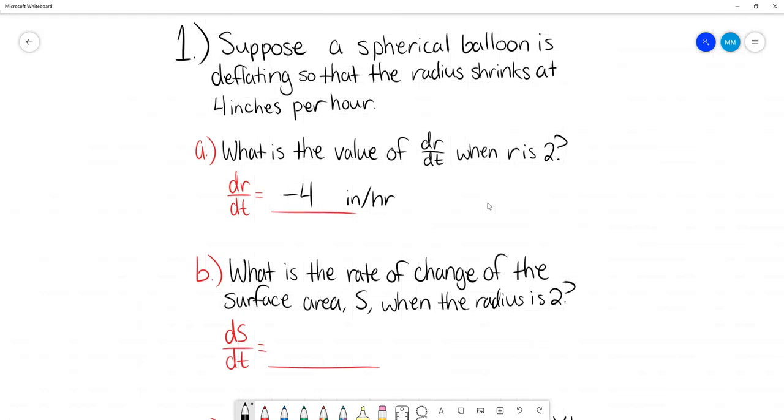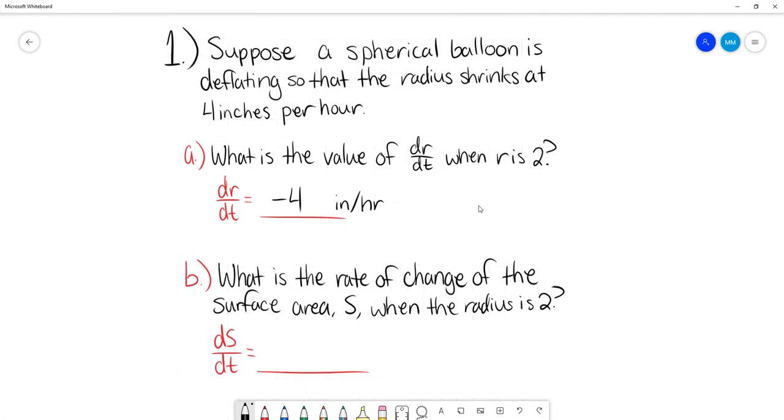Now part B says, what is the rate of change of the surface area S when the radius is 2? Well, this requires us to know the formula for the surface area of a sphere, which I would recommend just having a little cheat sheet of, so you don't have to look it up every time, because frankly it's not something I typically have memorized.